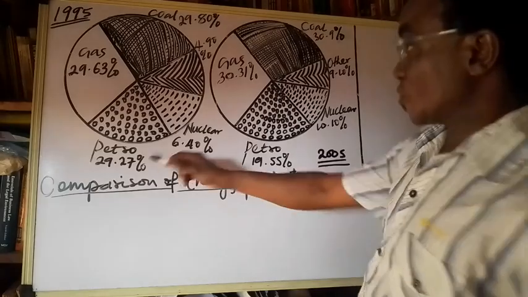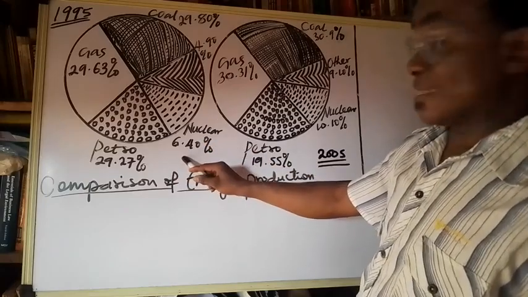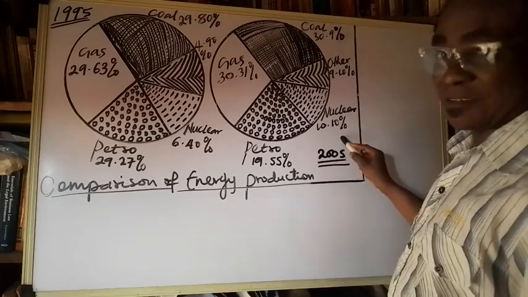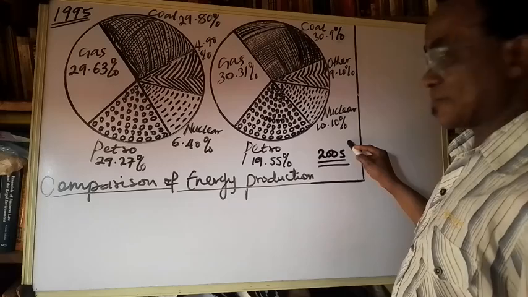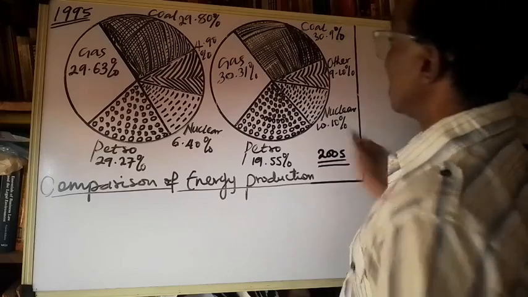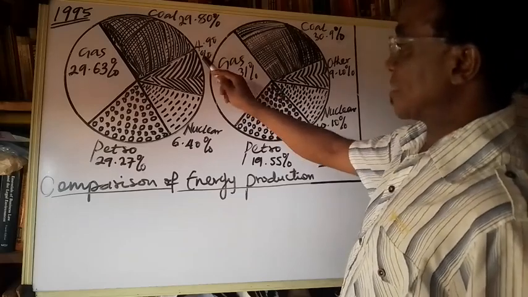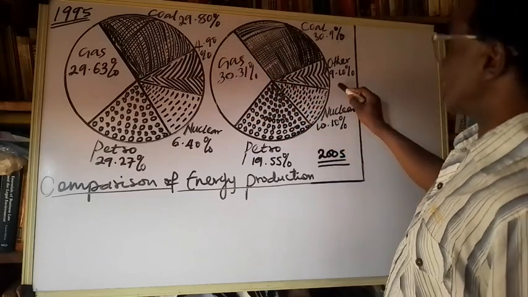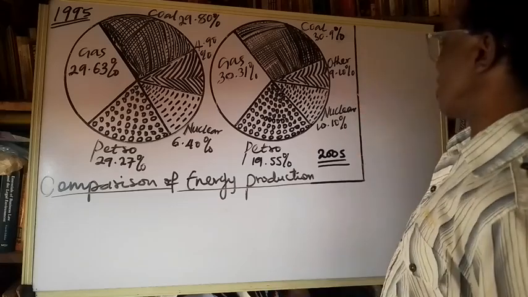In 1995, nuclear energy production stood at 6.40%, and by 2005, it has experienced a nearly 5% increase to 10.10%. In the same vein, other sources of energy also increased from 4.90% to 9.10%, a nearly 5% increase.